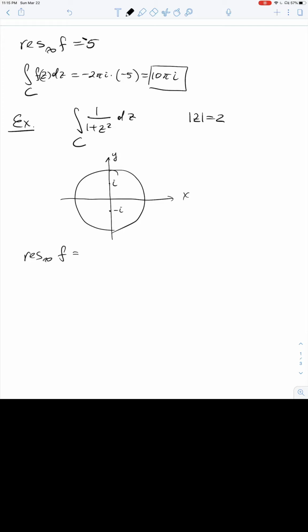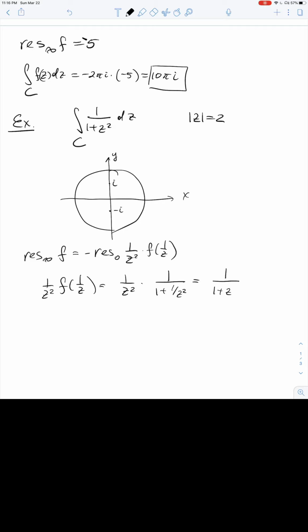The residue at infinity of our f is the same as minus the residue at 0 of 1 over z squared times f of 1 over z. And what is f of 1 over z? It's 1 divided by 1 plus 1 over z squared. So 1 over z squared times that is just 1 divided by 1 plus z squared.